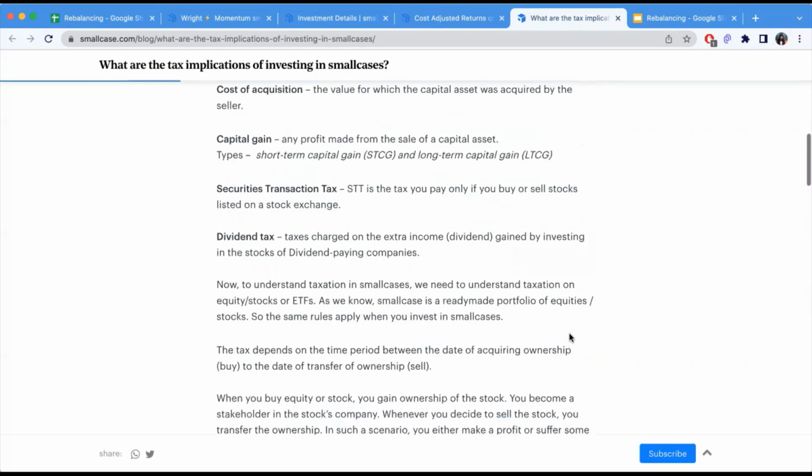And there is no scenario where, if you have rebalanced on the same day as the rebalance, your performance will vary very drastically from the actual smallcase that is showing there, the cost adjusted value that has been shown, right? So the only reasons for any of these differences are the variation in prices, the slippages, if you have made a delay, or if you have customized and things like that.